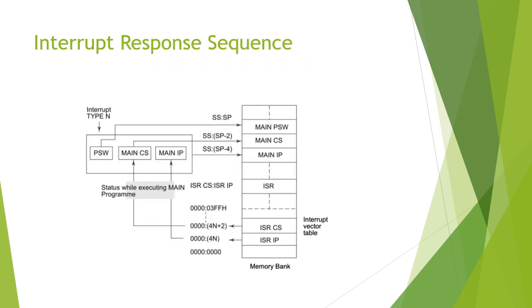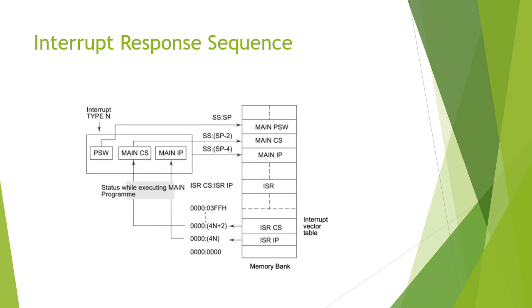So if you see the interrupt response sequence, suppose you had your main program with main IP, main CS, and the processor status word, which could be in the flags. Suddenly you got an interrupt of type N. Then what will the system do?